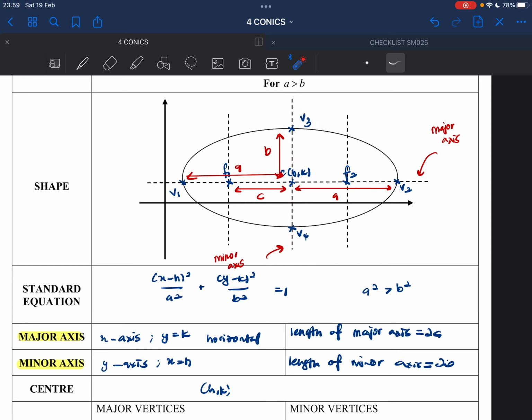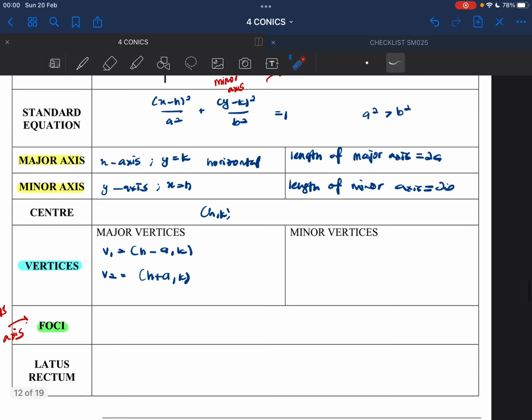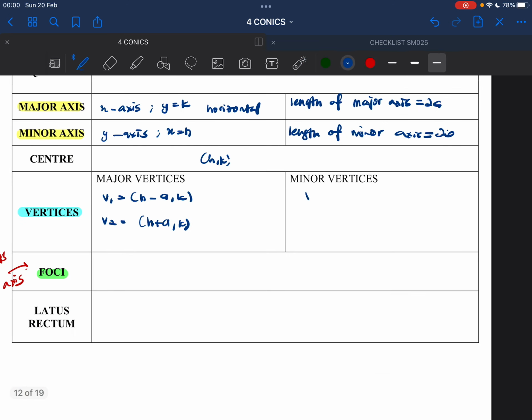The distance between the center and the vertex here is b. If the vertex is above the center, you have to plus. So we have k plus the distance, which is b. So v3 is equal to (h, k plus b), because the x coordinate didn't change.